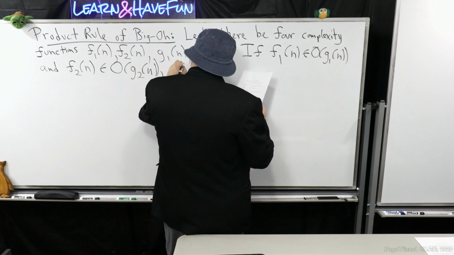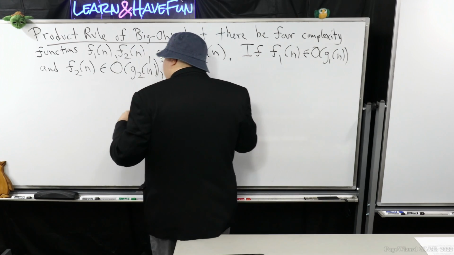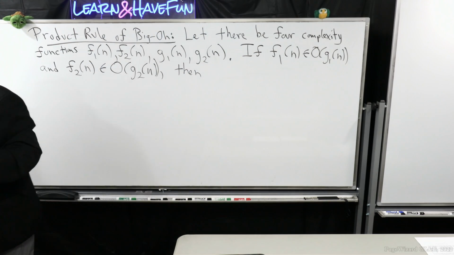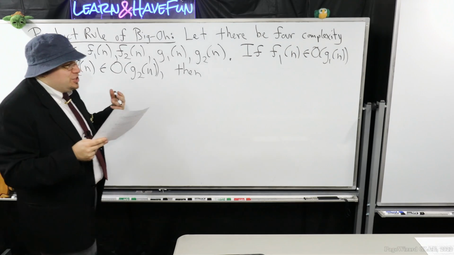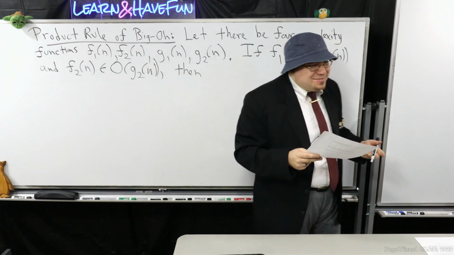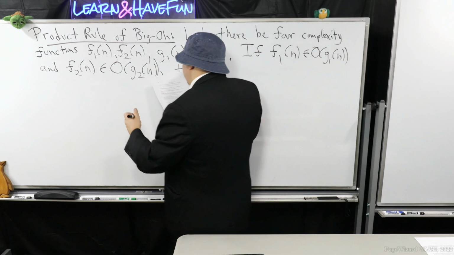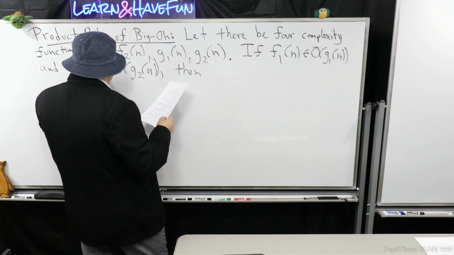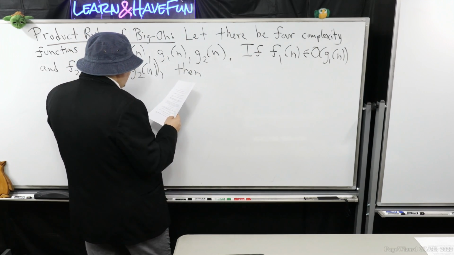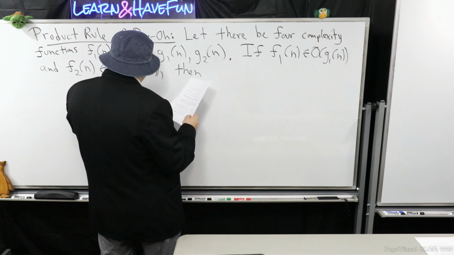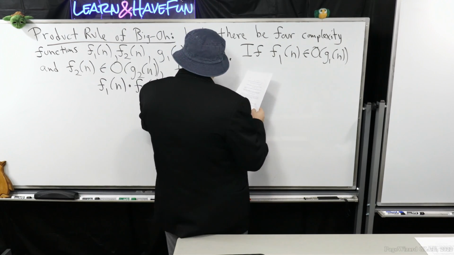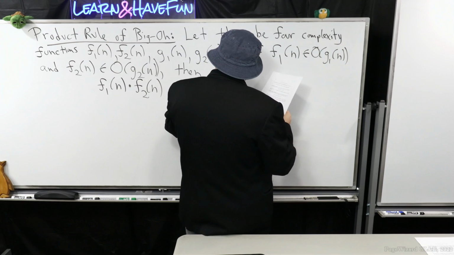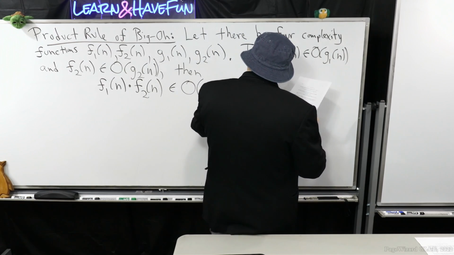Then when I take the product of f1 and f2, it has to be big O of g1 times g2. Then f1 times f2 is big O of g1 times g2.